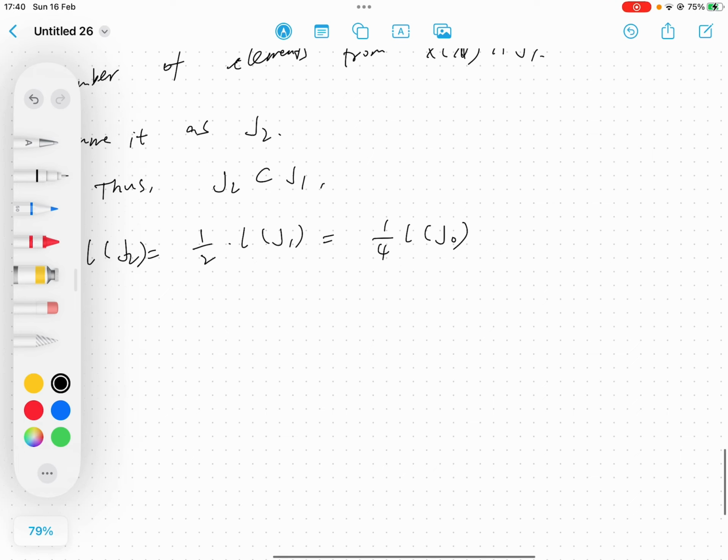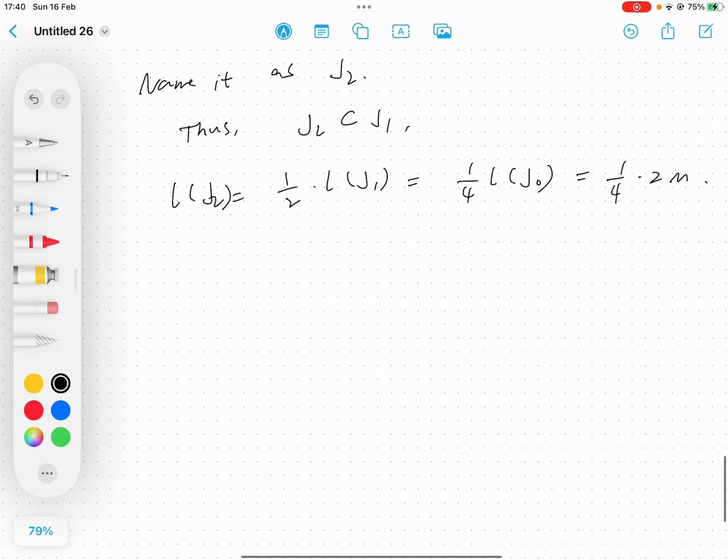Let's say this J0 has a length of 2M, so that's multiplied by 2M. Okay, good. All right.